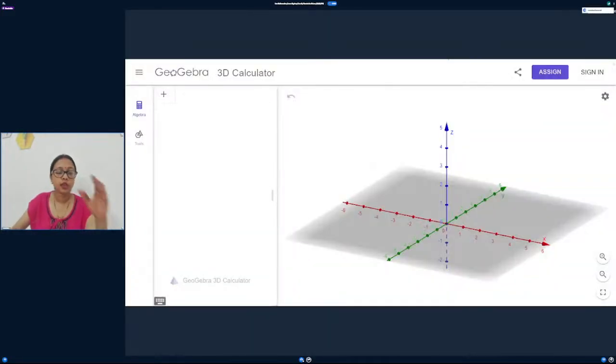It's this. You can just Google it, GeoGebra 3D.